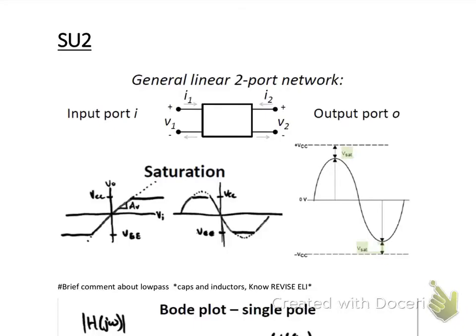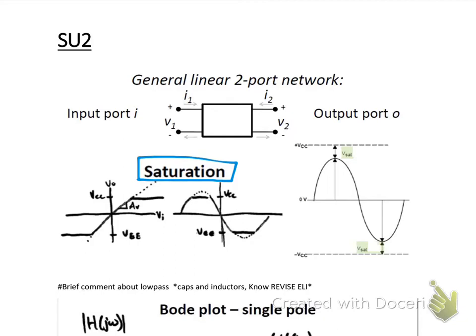In study unit 2, they introduced the concept of saturation. Saturation occurs because your amplifier is made out of discrete components, so there are going to be voltage drops, therefore you cannot reach the peak rail to rail output.